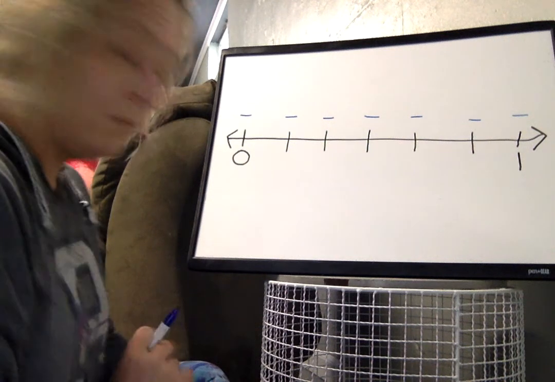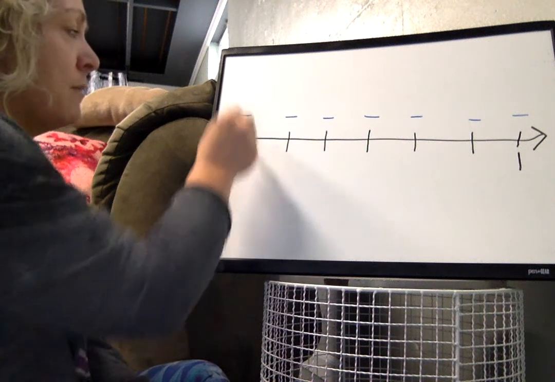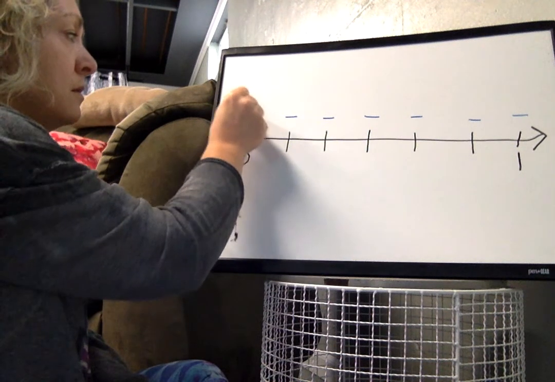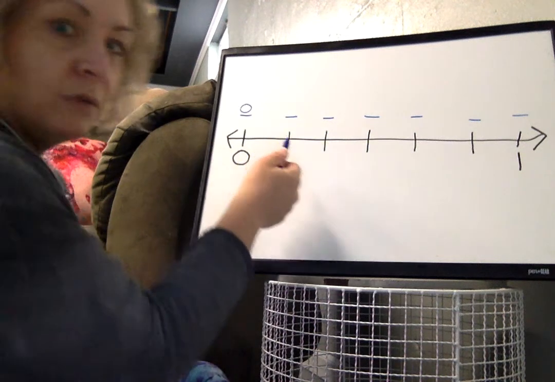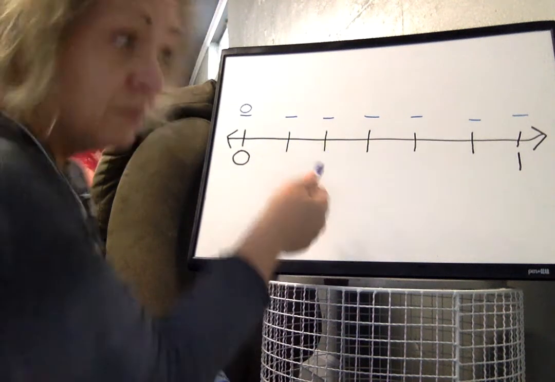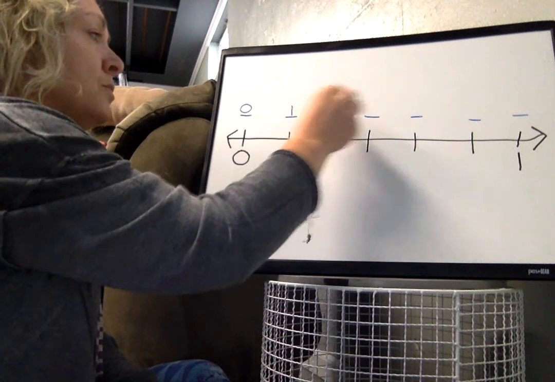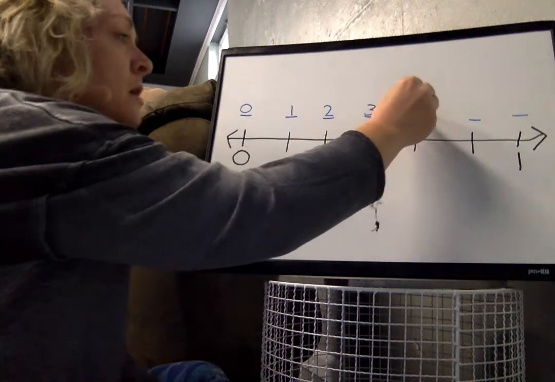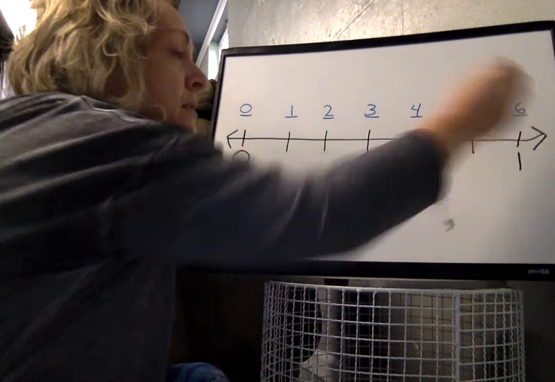The numerator. Ready? If this is 0, then my numerator is 0. So, you know, we've been counting since preschool. 0, 1, 2, 3, 4, 5, 6.